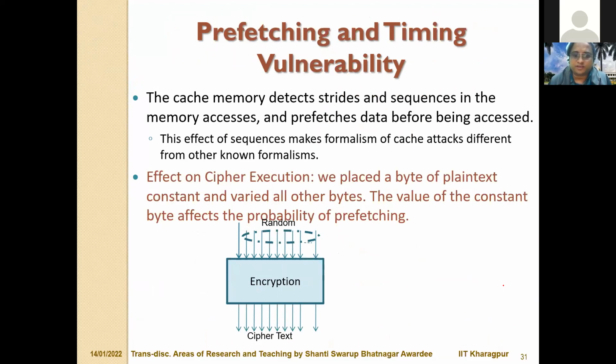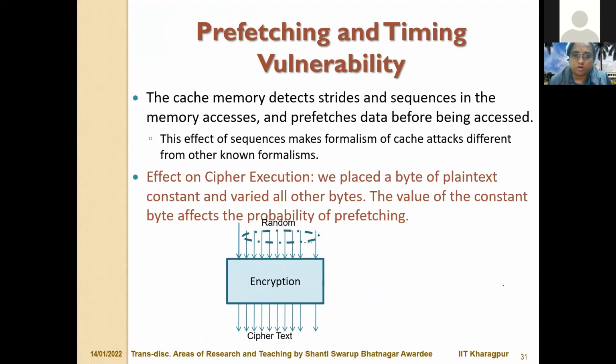Hardware prefetchers are architectural artifacts which essentially help you to load data into the cache by observing your access pattern. For example, if you find out that there is an arithmetic progression in your access pattern, then it will probably go and make some early accesses and put them into the cache. So the next time when you access them, you find out the data is already available in the cache.